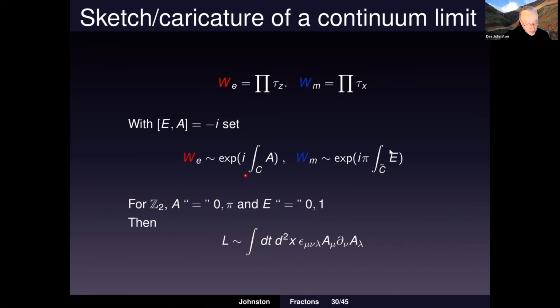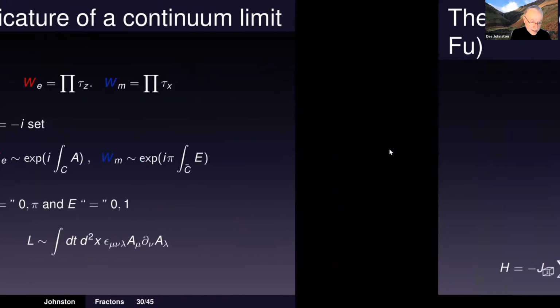You write them as Wilson lines in some continuum theory. And then you have a look at which continuum theory action gives you the right properties for your quasiparticles. And the right properties are given by this Chern-Simons theory in 2+1 dimensions. So let me skate lightly over that as time marches on.